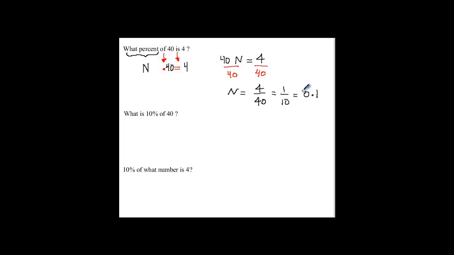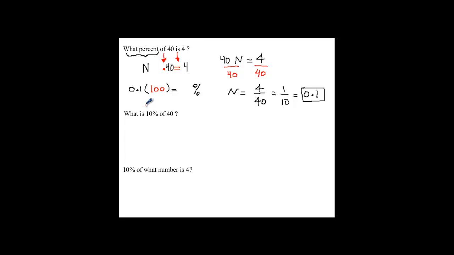So remember, we find the answer here in terms of a decimal now. How do you convert this to a percent? You multiply by what factor? To convert a decimal to a percent, you multiply by the factor of 100. Exactly.